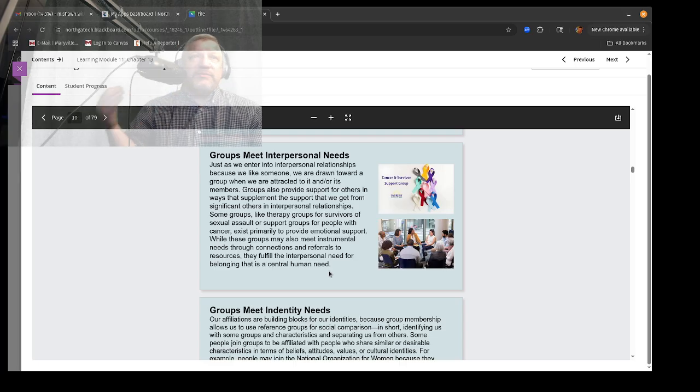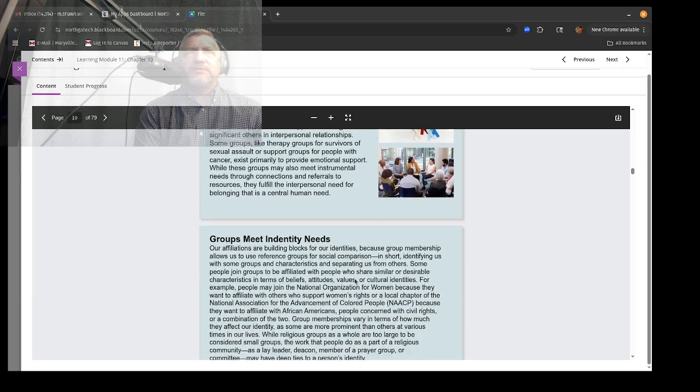And so, like I said earlier, a study group meets instrumental needs as well, because it helps us get knowledge to pass a class. But it also creates fulfillment in interpersonal needs by being with others who are maybe struggling or maybe not struggling, trying to help others in that class, right, to achieve those goals.